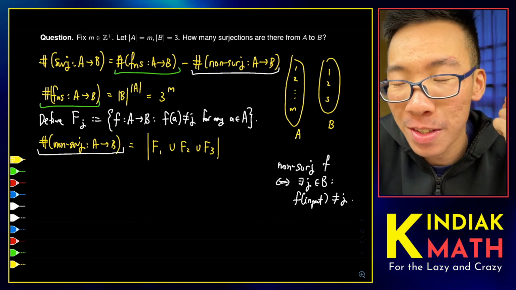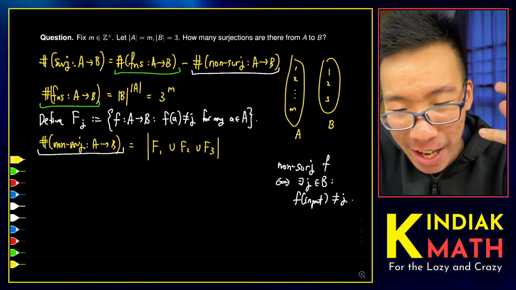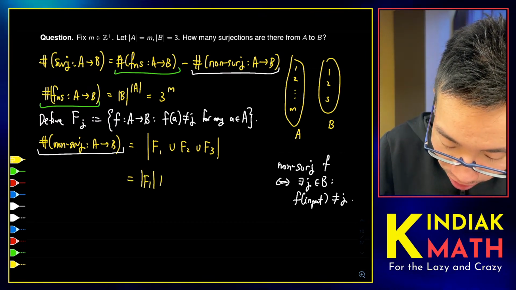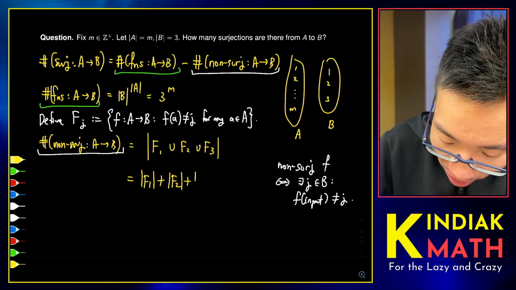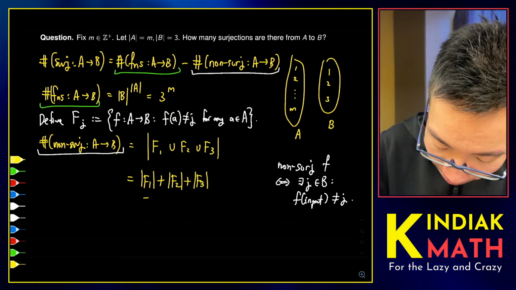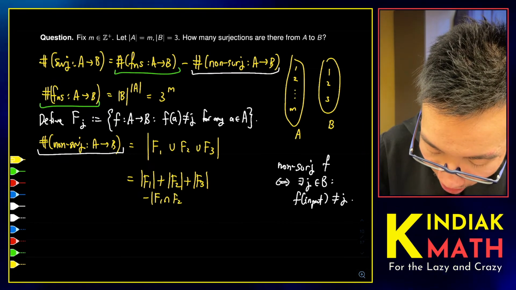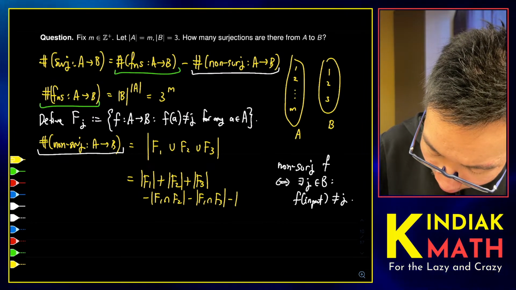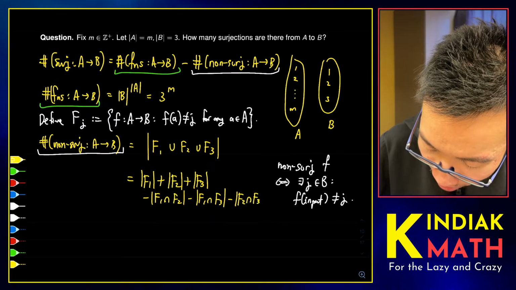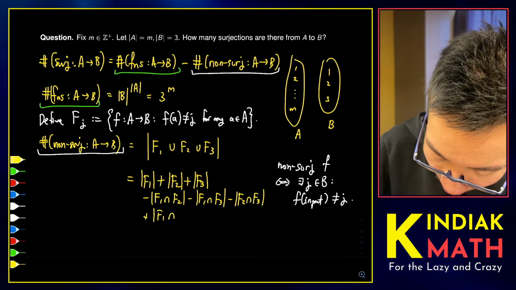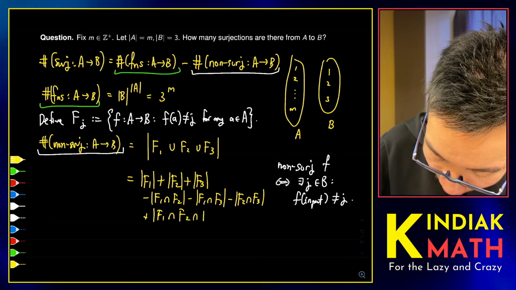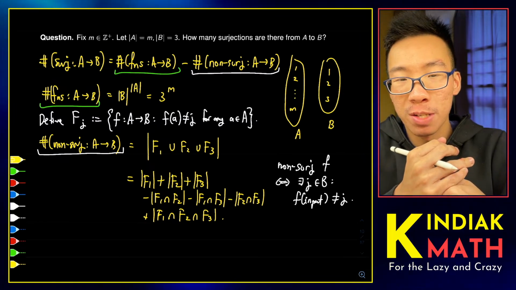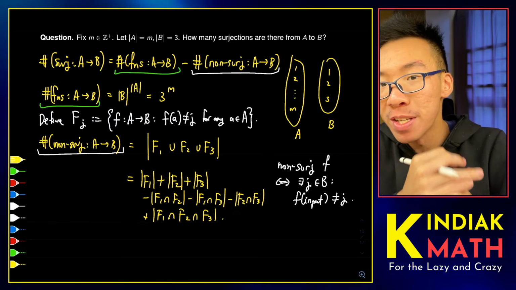That should sound an alarm bell, because this allows us to incorporate the inclusion-exclusion principle for 3 sets.